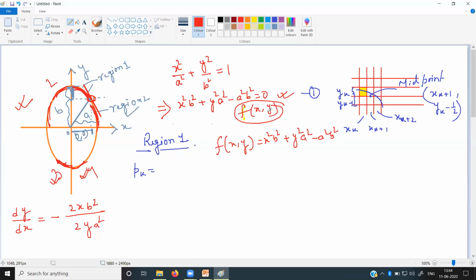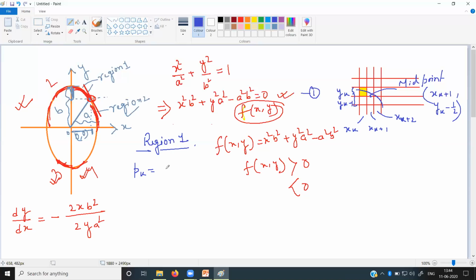Now if you put any value xy in this equation and you get that function of xy is greater than 0, that means the point is outside of the ellipse. If it is less than 0, the point is inside the ellipse. And if it is equal to 0, then the point is on the curve of the ellipse. Fine. So based on this logic, we will take the decision, we will find out the pk.